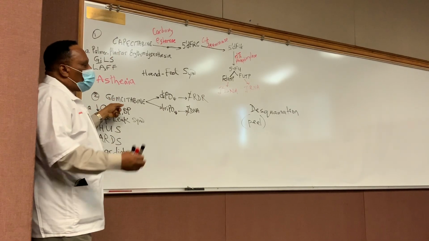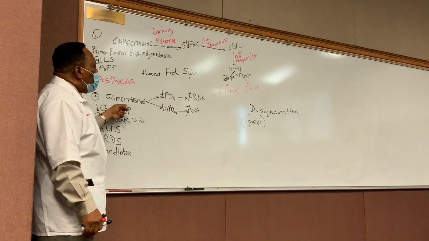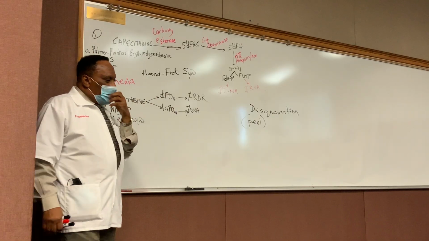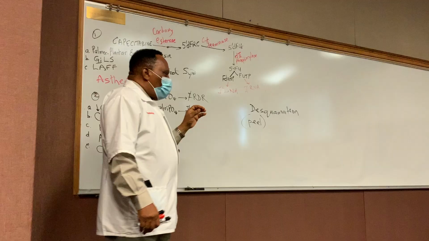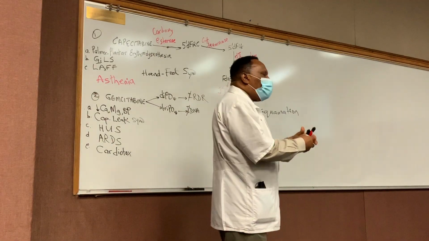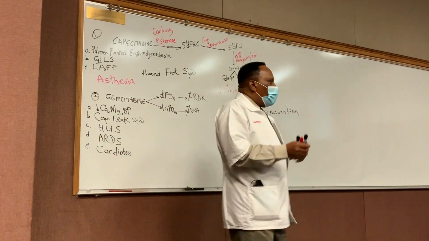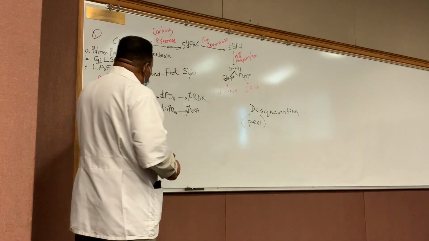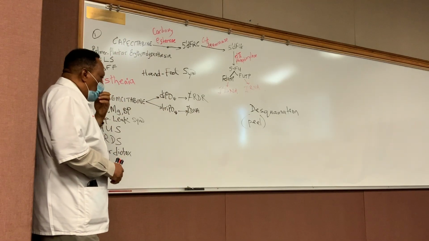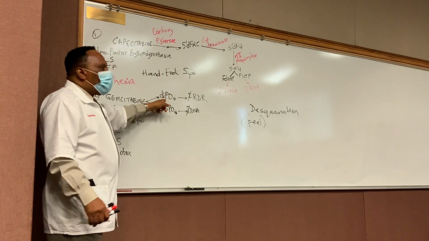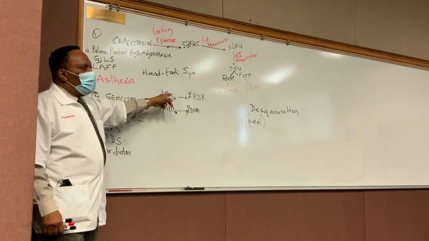Gemcitabine is also an anti-metabolite, and like all these anti-metabolites used in cancer, it will get converted to its diphosphate form.